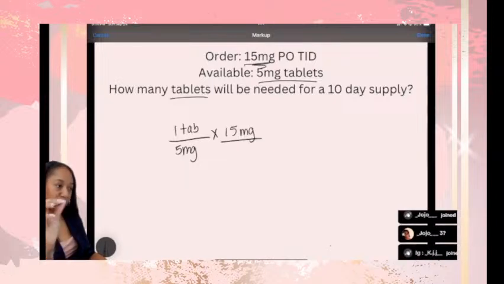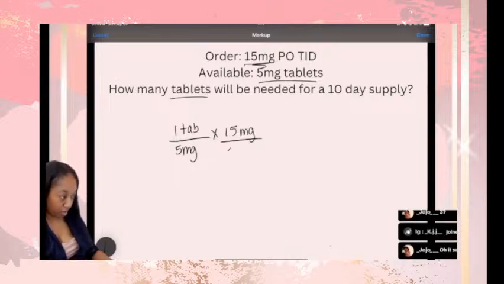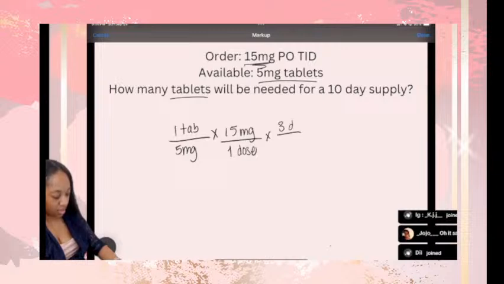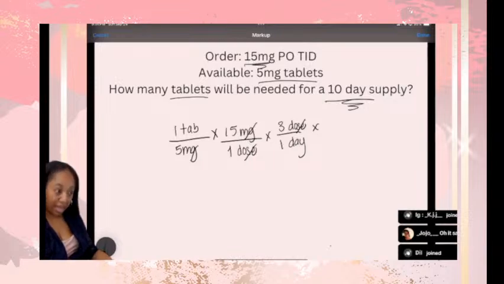So you need 15 milligrams per dose, right? Then we have 3 doses in 1 day. Okay? So milligrams crossing out, dose crossing out. We got days, right? And it says for how long? 10 days.